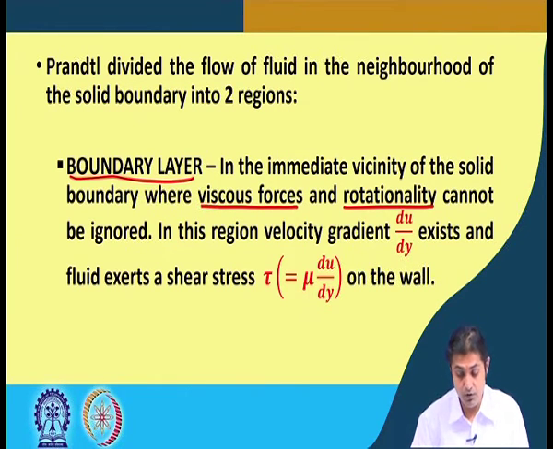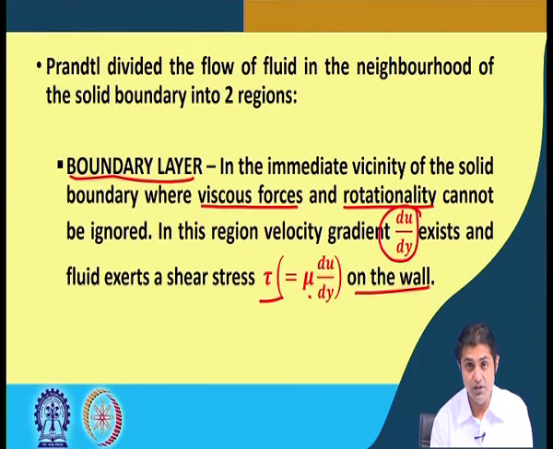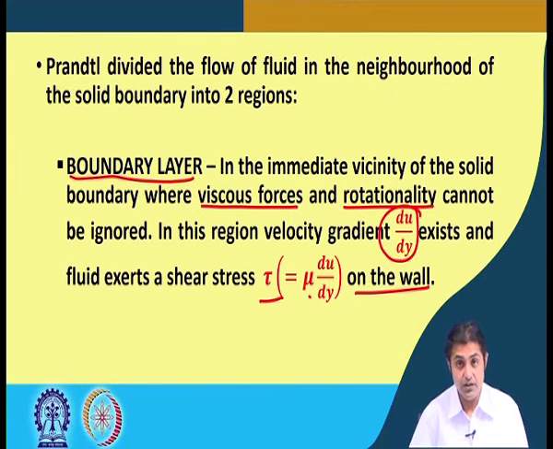We are going to explore that in more detail when we study viscous fluid flow. In the boundary layer there will be a velocity gradient du by dy, and therefore the fluid will exert a shear stress tau on the wall, which we assume to be equal to mu du by dy, where mu is the viscosity.